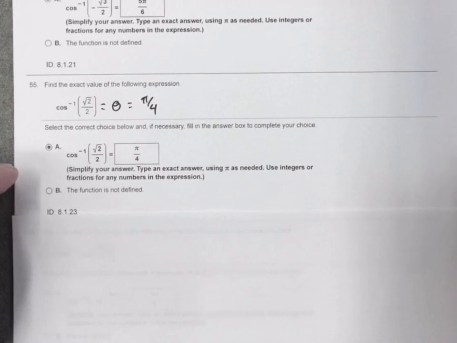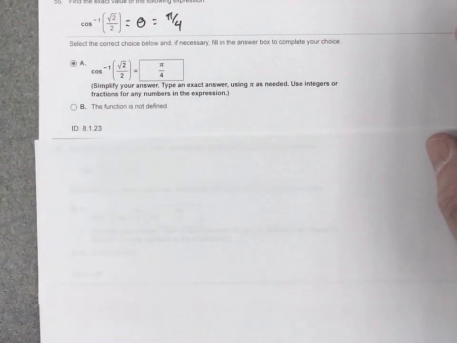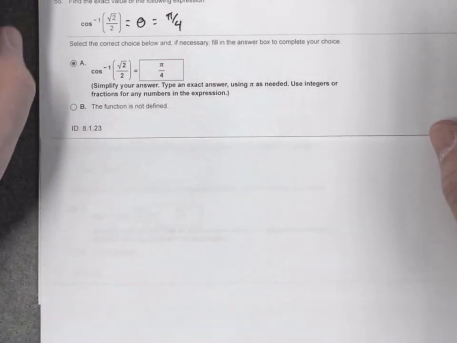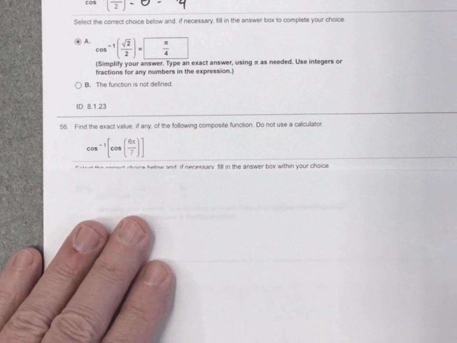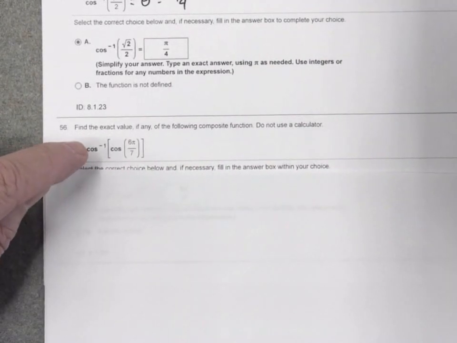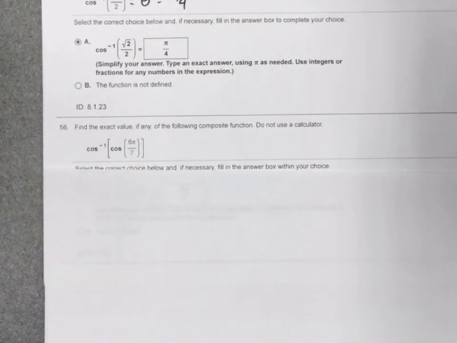Now, the next series of problems can be a little more difficult. I'll say it this way. Sometimes, in certain situations, the problems are super easy, but then other times they can be pretty complicated, so you never know. What kind of problems are that? These composite functions, where you're taking the inverse cosine of the cosine, in this case 6 pi over 7.